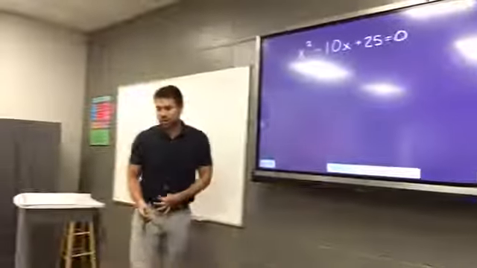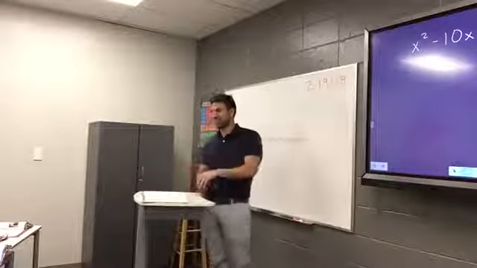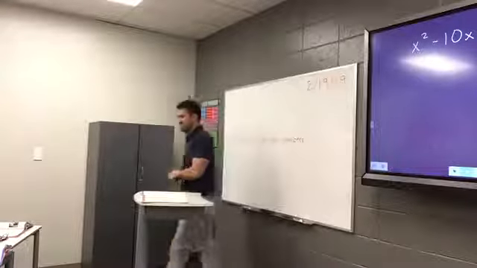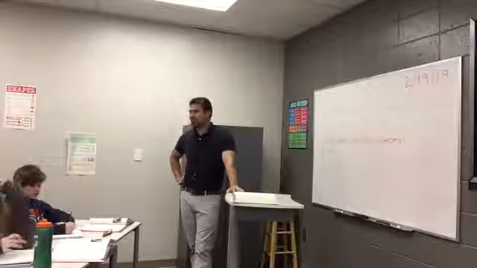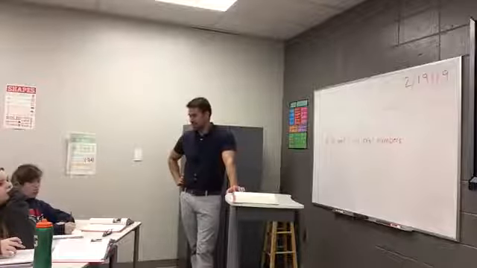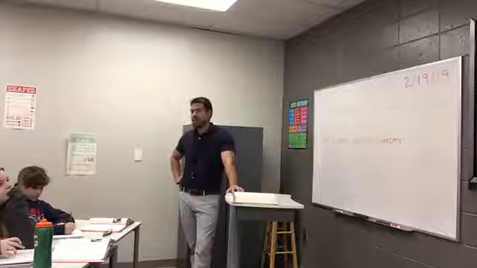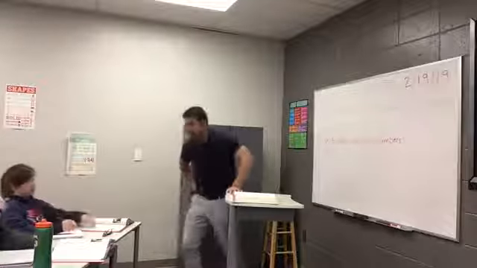do this problem real quick. Is it in standard form? Yep, that's nice. Consider that a blessing. You have to do less work on that one. Is it a perfect square trinomial?